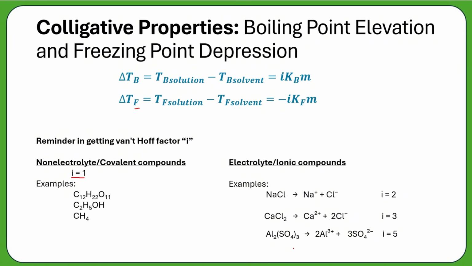And if it is inside the parenthesis, whatever number is outside the parenthesis means it is multiplied by that number. Like for example, if we separate Al2(SO4)3, it becomes 2 Al, because there is 2 in Al, so there are 2 Al 3 plus.